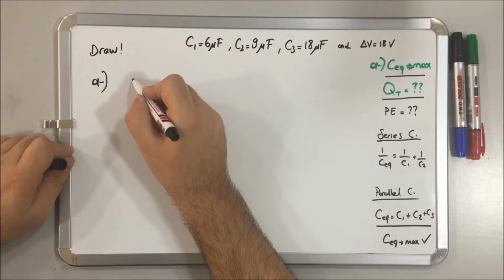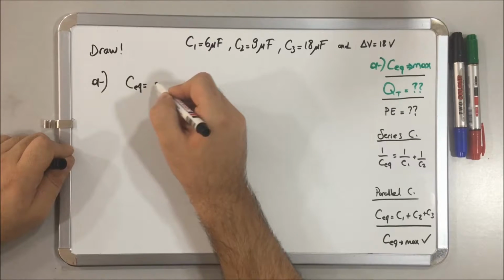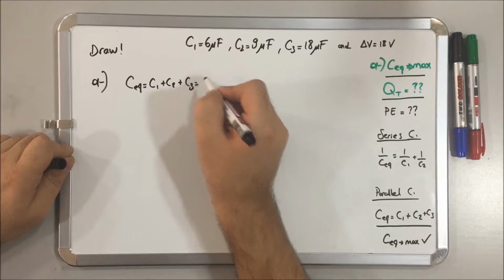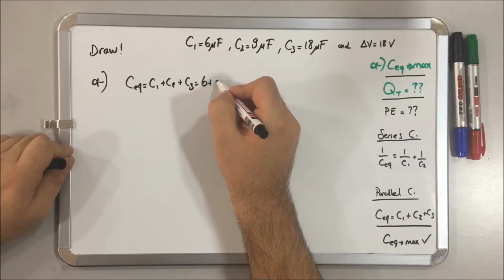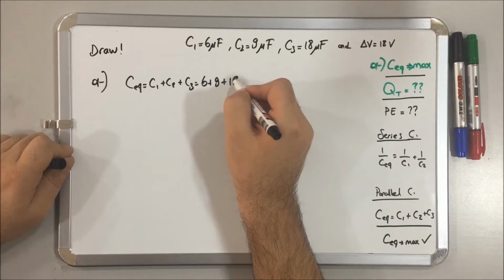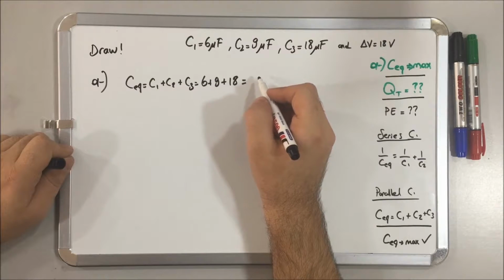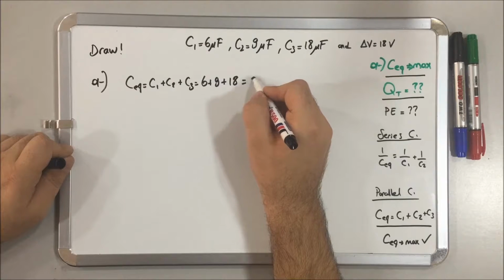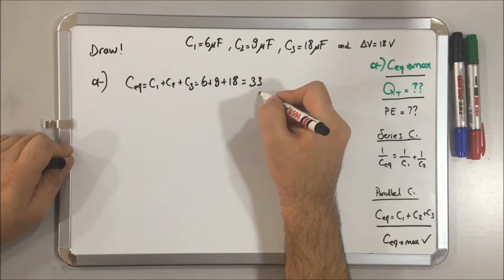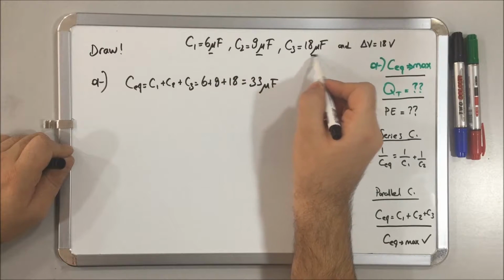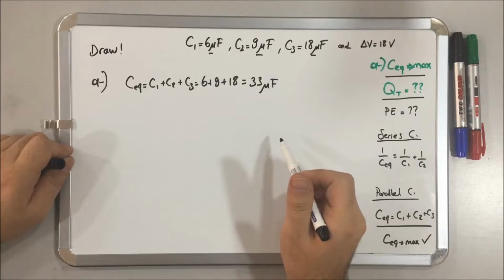To calculate it, C equivalent will be C1 plus C2 plus C3, so 6 plus 9 plus 18. The result will be 33 microfarad. They are all in microfarad.